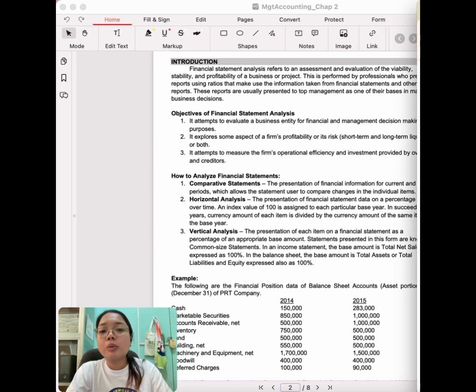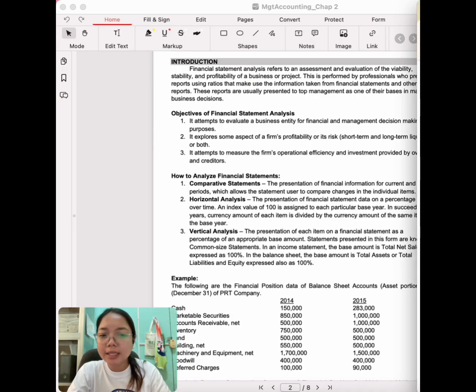Okay? So, for our objectives, ano ba yung mga objectives ng financial statement analysis? So, there are three major objectives of financial statement analysis. The first one, mababasa nyo dyan, is financial and management decision making.